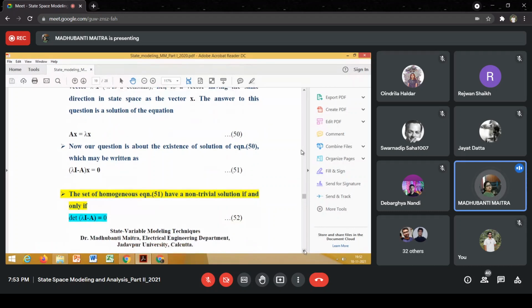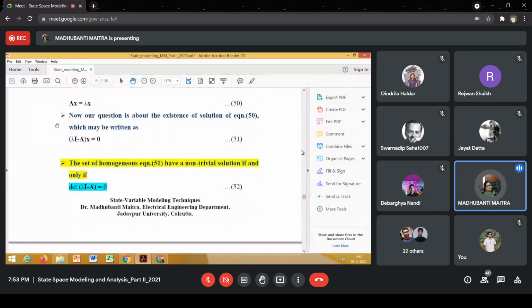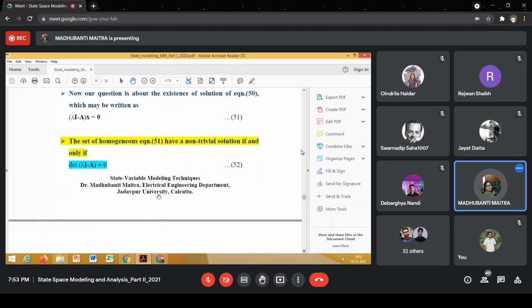Okay. So if we expand the left hand side of this equation, first of all, please note this is of the same form as the vector matrix equation that we are considering so far, with right hand side equal to 0.